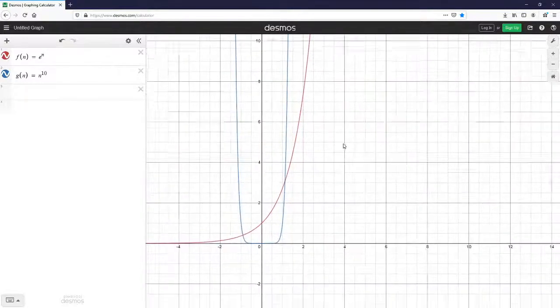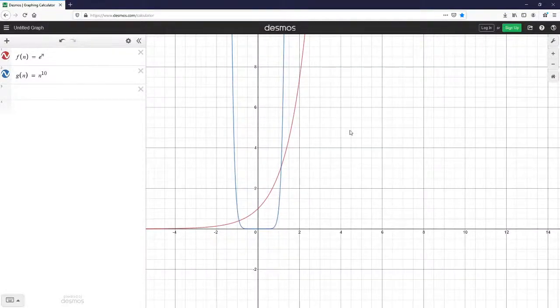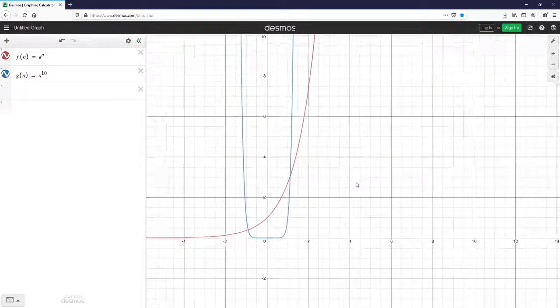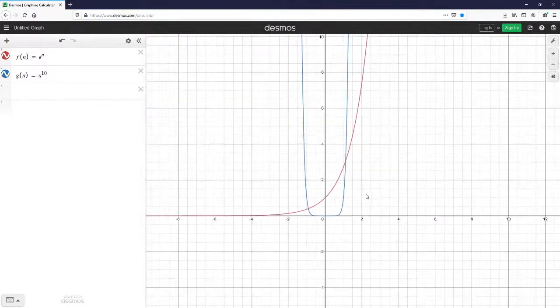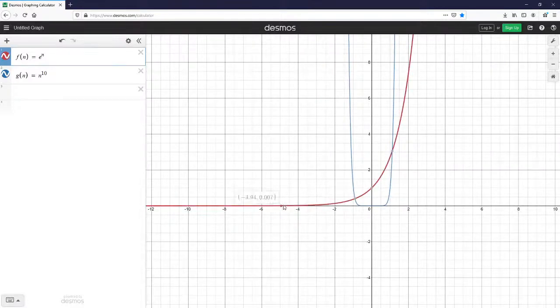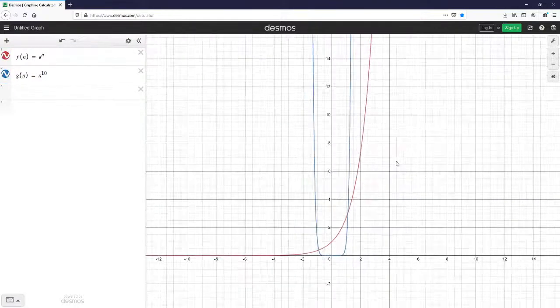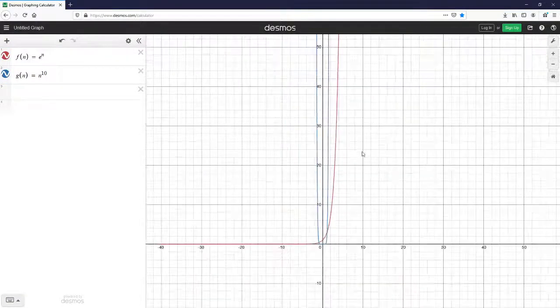You're right that if you graph it just with a standard window on a graphing calculator, e to the n is getting beaten by n to the 10, if you just look at it this way, right? But if we zoom out, let's zoom out further and further.